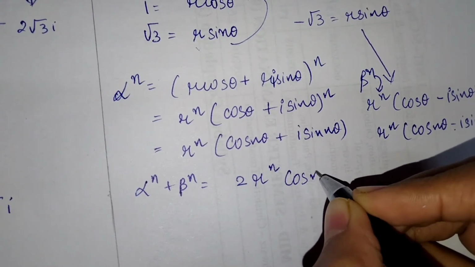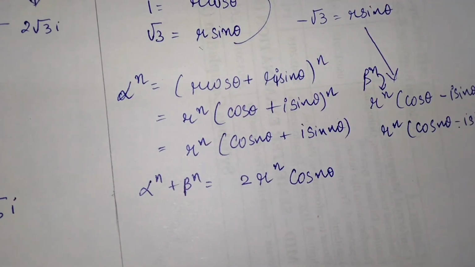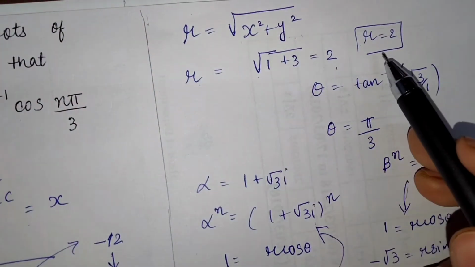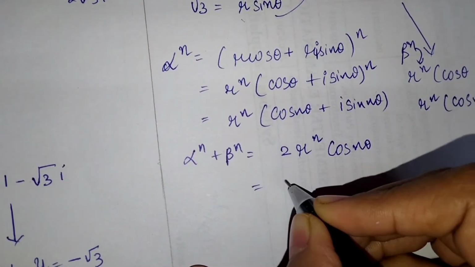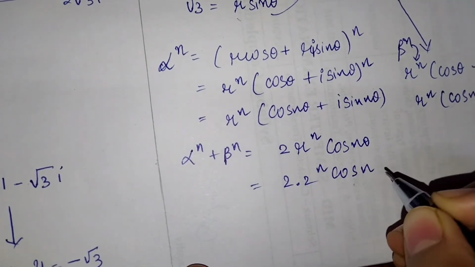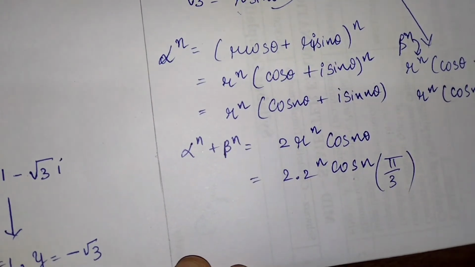Okay, but we have the value of r. What is r? It is 2, so we can put 2 in place of r. So we will get 2 into 2 raised to n cos n, and we also have the value of theta, that is pi by 3. So we have to put that value here.